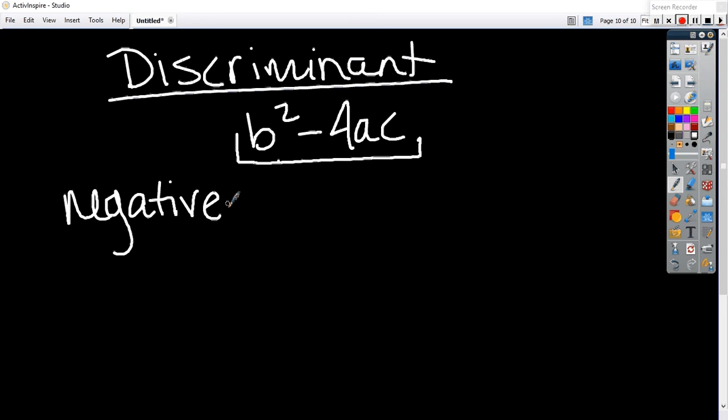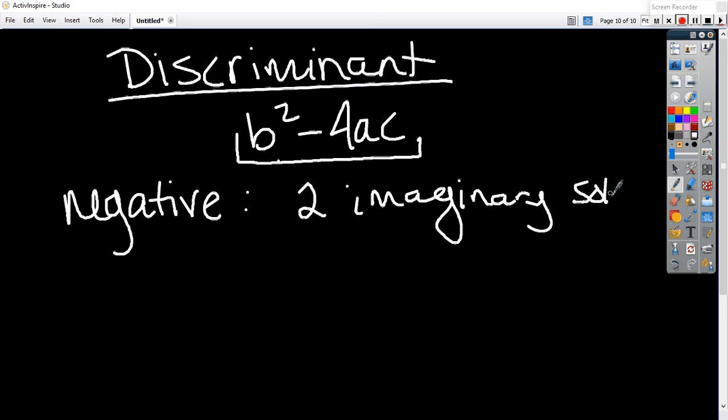It has 2 imaginary solutions. We also know if it's positive, what happens? They exist. Real numbers, how many? 2.